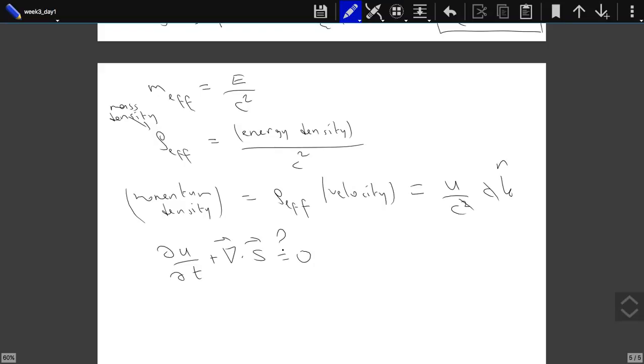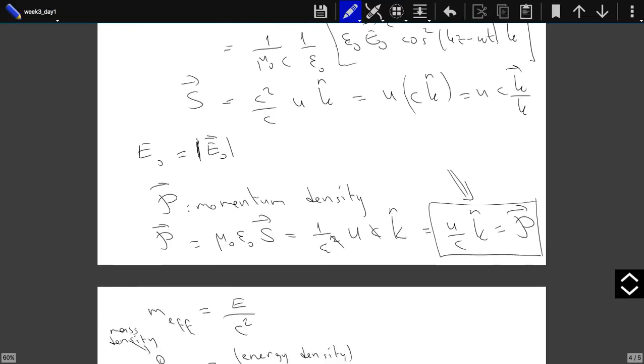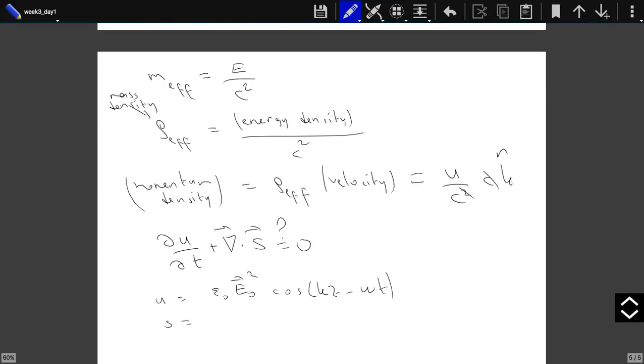So what is U? We had said that U is equal to epsilon 0 E0 squared cosine of kz minus omega t. S is equal to UC in the k hat direction.